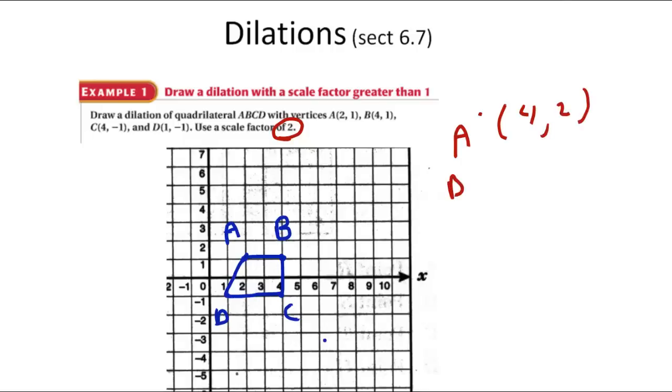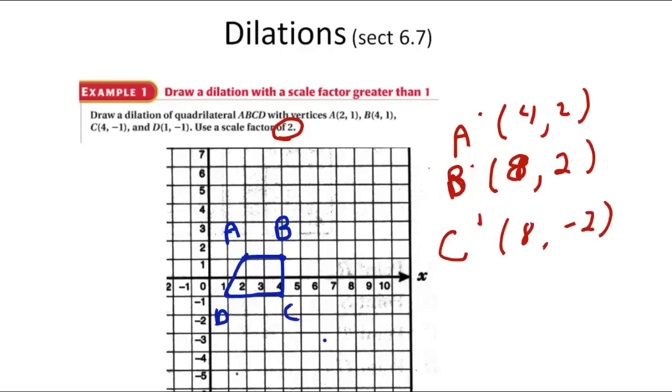My B prime goes to 4 times 2 is 8, and 2 times 1 is 2. My C prime is 4 times 2 is 8, and negative 1 times 2 is negative 2. My D prime value is 2 times 1 is 2, and negative 1 times 2 is negative 2.